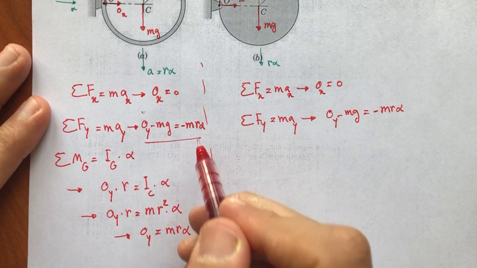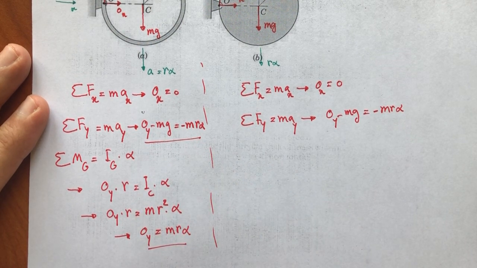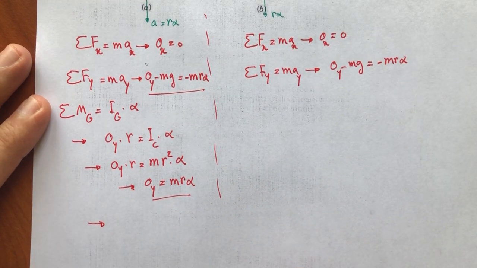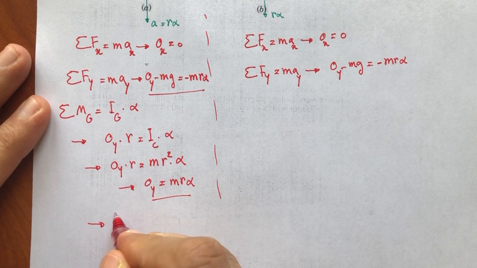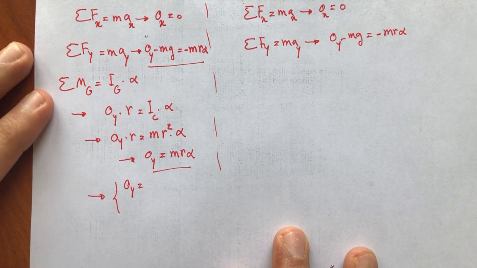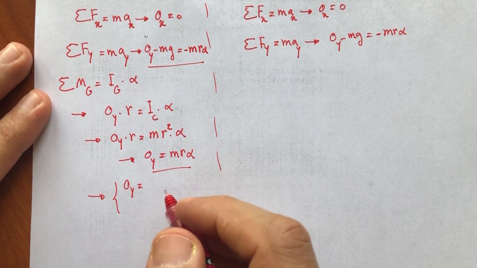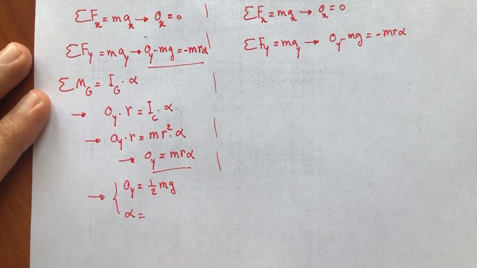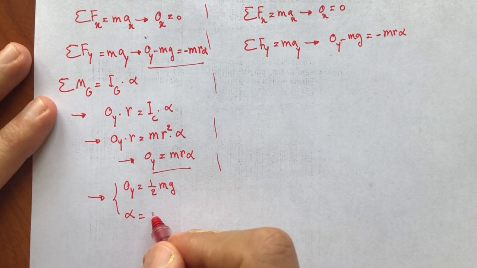We have this equation and also this equation, which relates OY and alpha together. If you solve them, we are going to have OY equal to mg divided by 2, and alpha is going to be g divided by 2r.